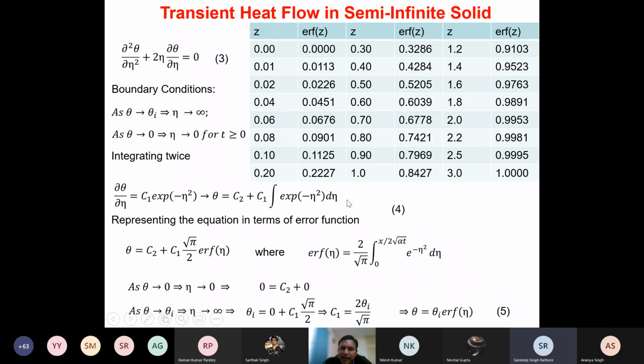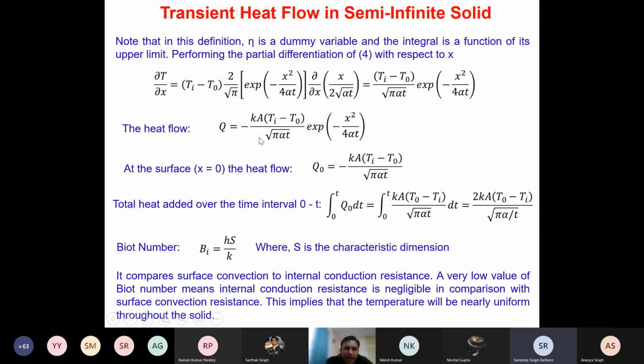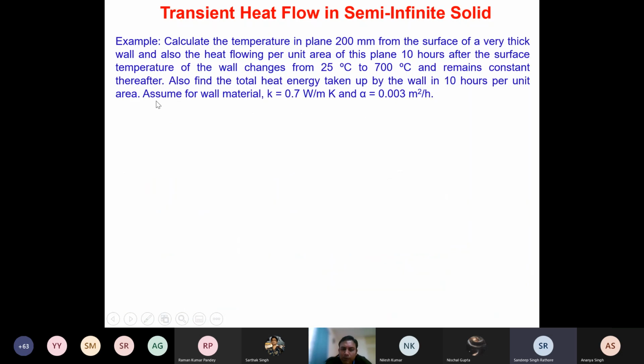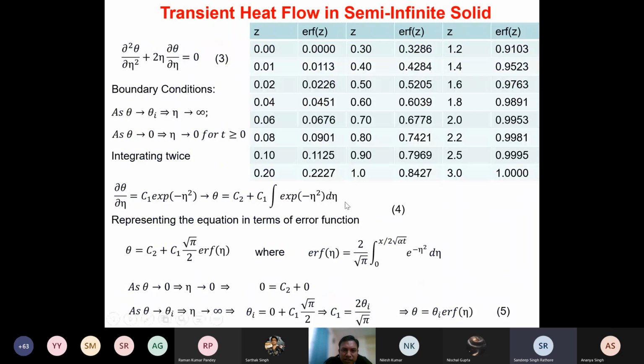I can differentiate this equation with respect to x, because dou t by dou x is what we are interested in calculating. Flux will be minus k dou t by dou x, so first we calculate dou t by dou x directly from this equation.